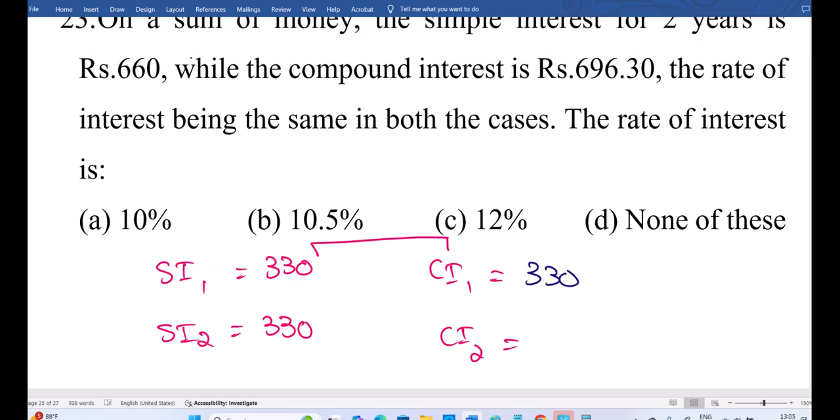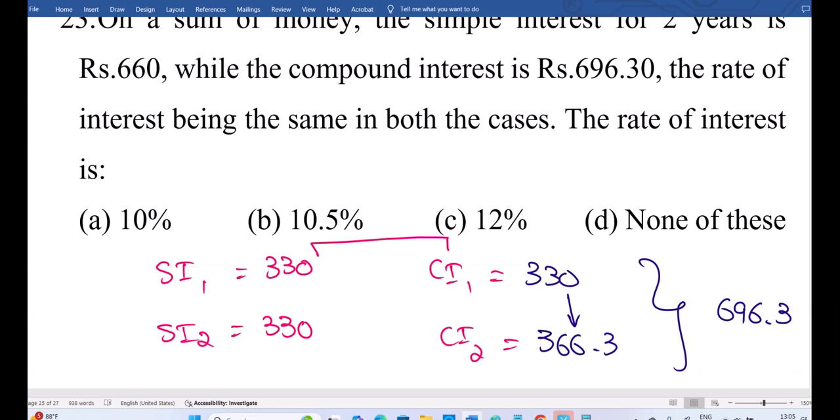Now total how much is required? 696.3. What is the extra? 366.3. Yeah, 366 only, right? So how much increase is because of rate of interest? 330 becomes 336.3. That increase is because of interest, right?